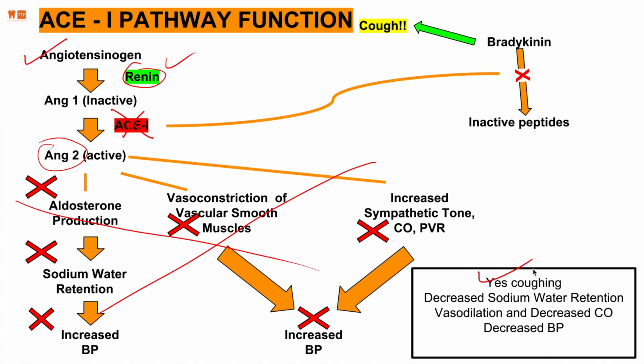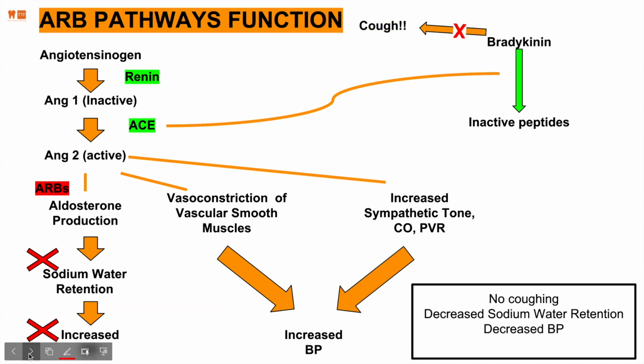But there's coughing, because blocking angiotensin converting enzyme stops bradykinin from being metabolized. Therefore, bradykinin remains active. It increases in quantity, leading to increase in leukotrienes, causing cough. However, there's still decrease in sodium-water retention, decrease in vasoconstriction leading to vasodilation, decrease in cardiac output, decrease in blood pressure. So it's an antihypertensive medication.